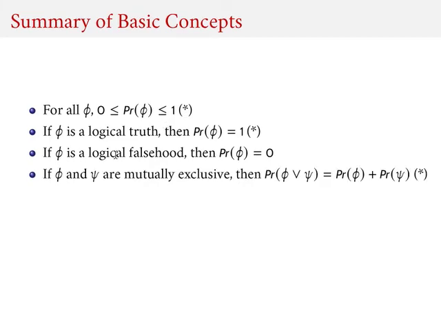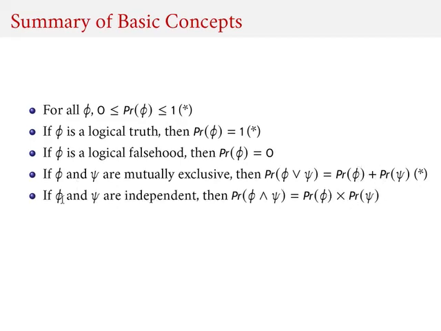We then have that when you have mutually exclusive propositions, their disjunction can be calculated by simply adding up the probabilities of the disjuncts. If you have independent propositions, the probability of their conjunction can be calculated by multiplying the probabilities of the conjuncts.